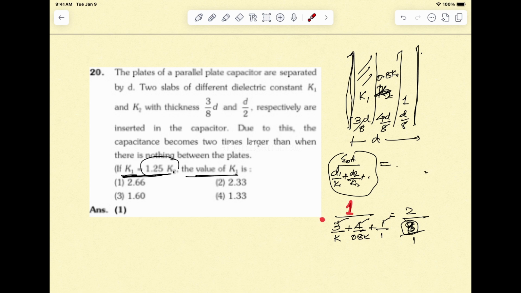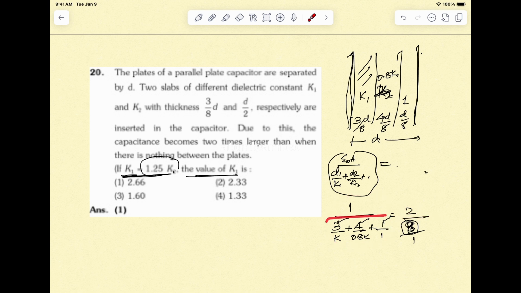I simply put 1 divided by the thickness 3:4:1, so the total thickness is 8. Therefore 8 I put for the air capacitance, 8 by 1 on the right hand side, and then it is given that it is going to be twice. Therefore I am just putting twice.